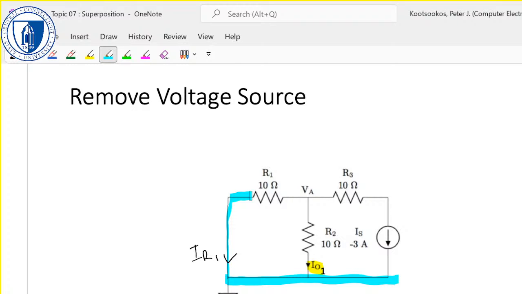We can look at the node and say that IR1 plus I out1 plus IS equals 0. They're all flowing into the node. So we just apply KCL.